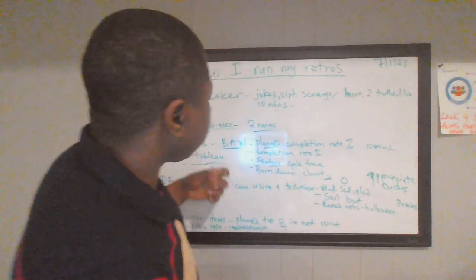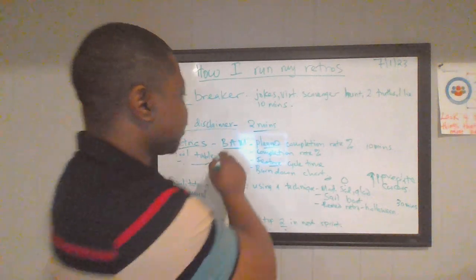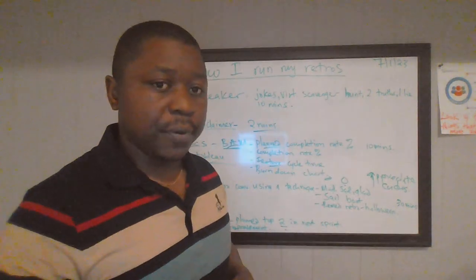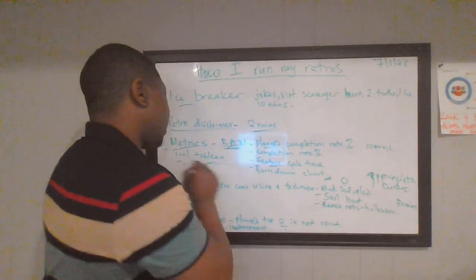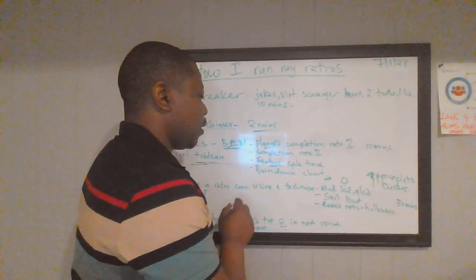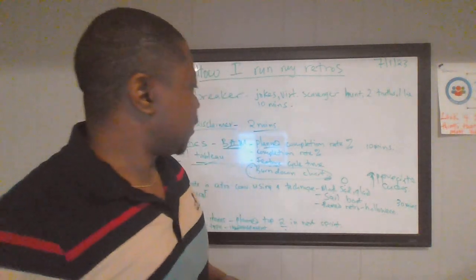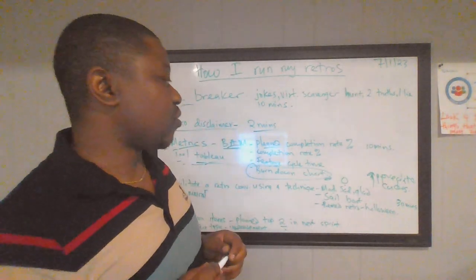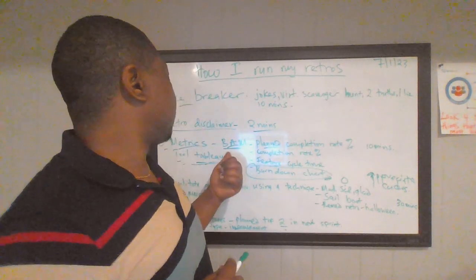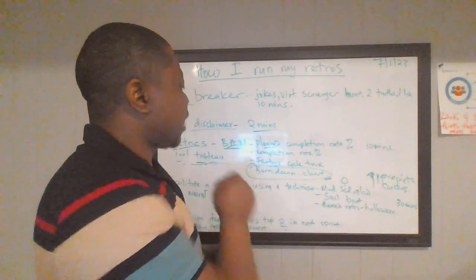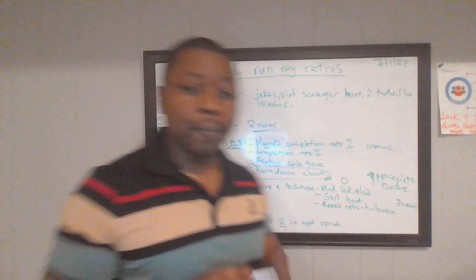I usually discuss some big agile metrics that I pull from one of the tools we use known as Tableau, and I also pull up the breakdown chart from Jira. Then the key metrics I discuss with my team from Tableau, one of the big agile metrics, is called the planned completion rate.